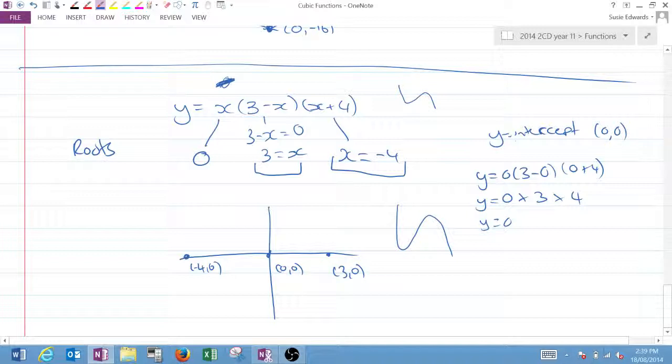So we start in the top left this time. Arrows and equation. And you're done.